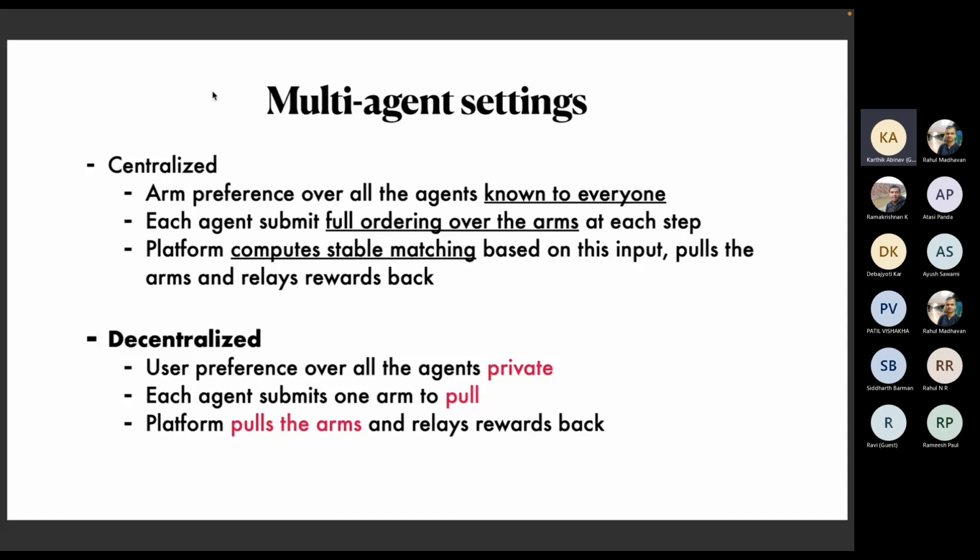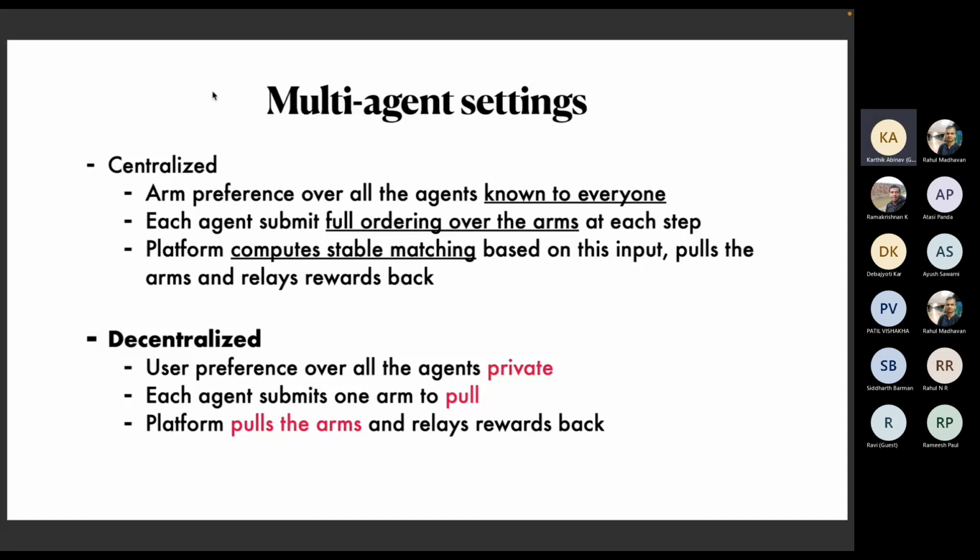And then at each step, not only does an agent select an arm tuple, but it gives the platform a full ordering over the arms. It essentially says agent 3 prefers arm 2 first, then arm 3 next, and arm 4 next, and so on. Once you give this full preference to the platform, its job is to compute a stable matching based on these preferences, pull the arm based on this stable matching, and then send the reward back to the agent.